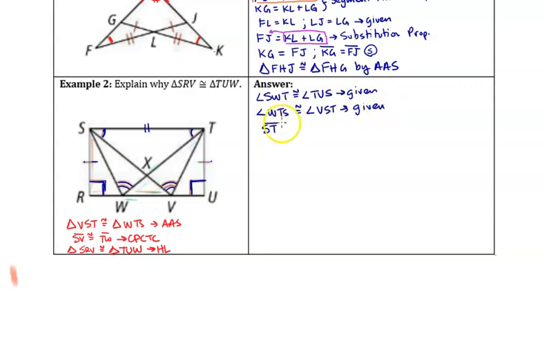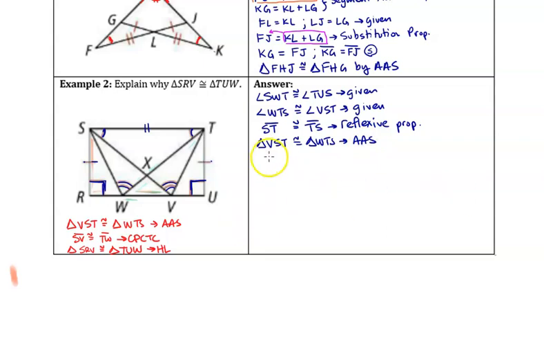And that segment ST is congruent to segment TS by the reflexive property. That's all my evidence for why these two triangles are congruent by angle, angle, side. So next I'll say that triangle VST is congruent to triangle WTS by angle, angle, side.